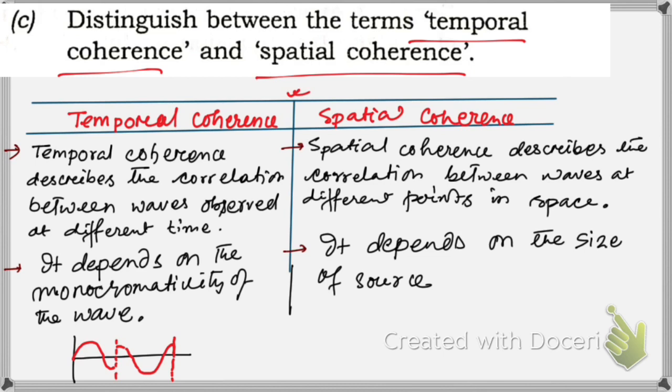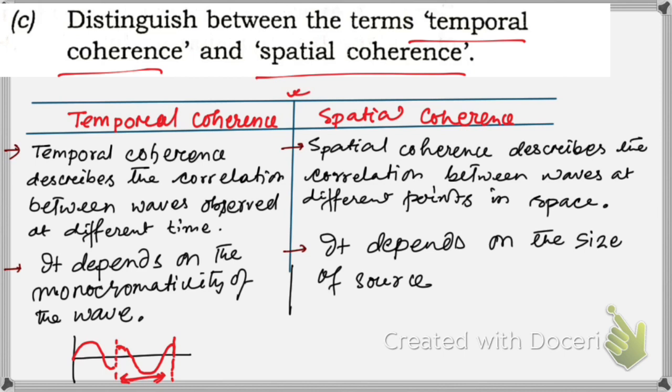Then we say this is temporal coherence. It depends on time, so you observe different phases at different times.